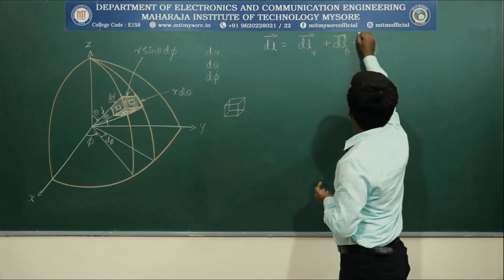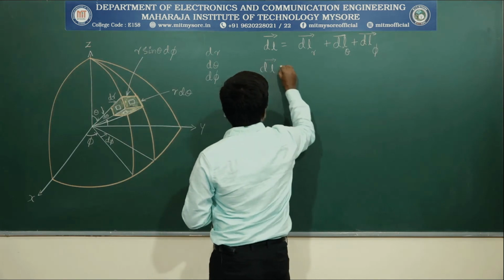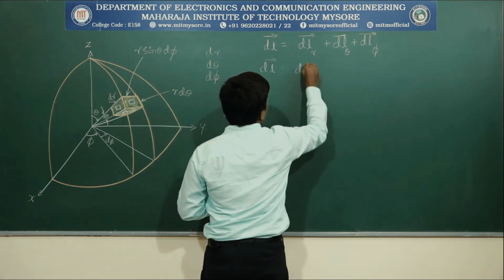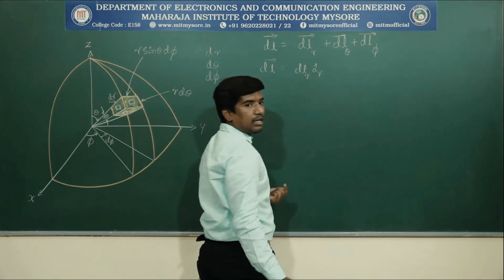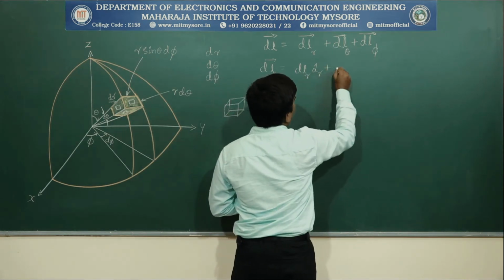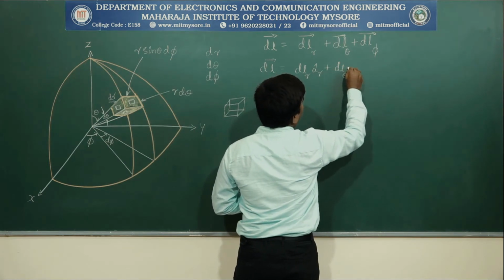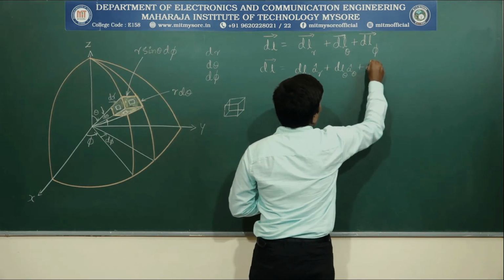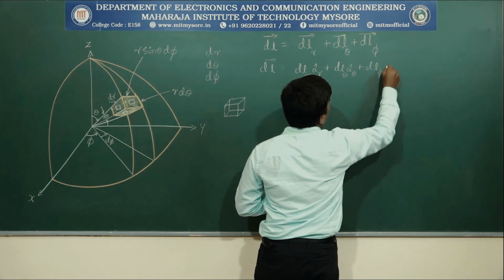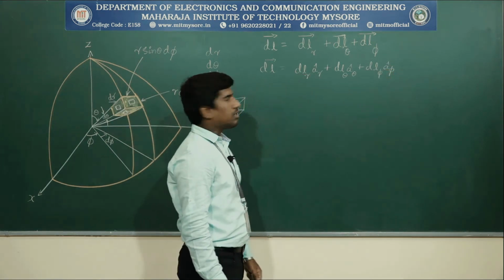These three are in vector format. Now this can also be represented as dl with respect to r into a cap r in vector form plus dl with respect to theta in terms of vector a cap theta plus dl with respect to phi in terms of a cap phi. This is the vector representation.